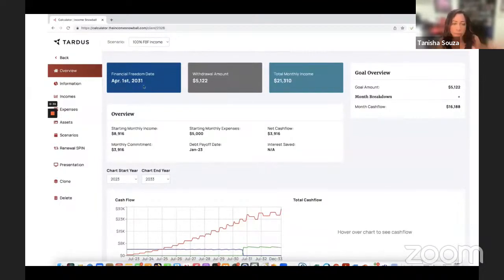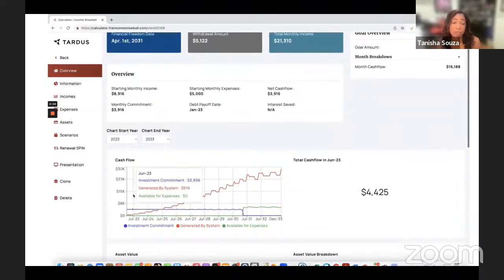Behind the scenes, we're using fast burning fuel of, I'm sorry, 5 years, amortized at 9% principal and interest. The withdrawal amount that they will be taking out is $5,000 from a $23,000 monthly income. And that net cash flow is $39.16 that we talked about.